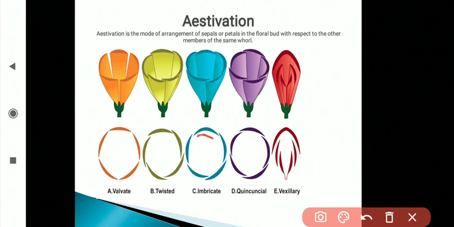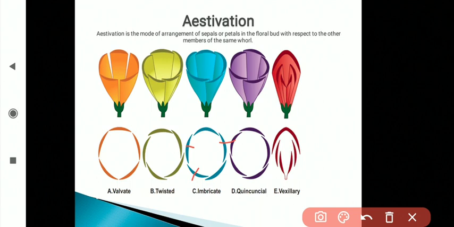The topmost sepal is overlapped at both of its ends by other sepals, while this sepal overlaps the marginal ends of other sepals, and the two marginal ends of this sepal are free, not overlapped by any other. The other three sepals, 1, 2, 3, generally show twisted aestivation, that is one margin inside and one margin outside.